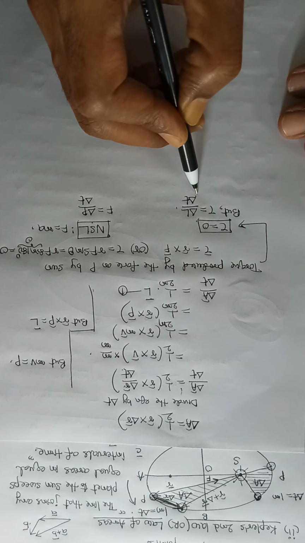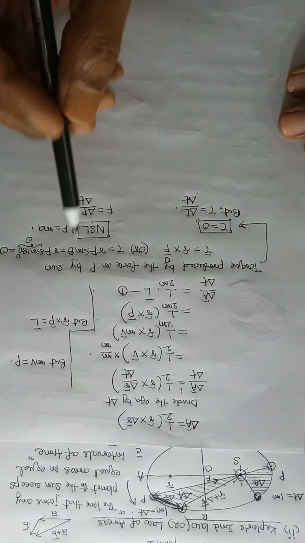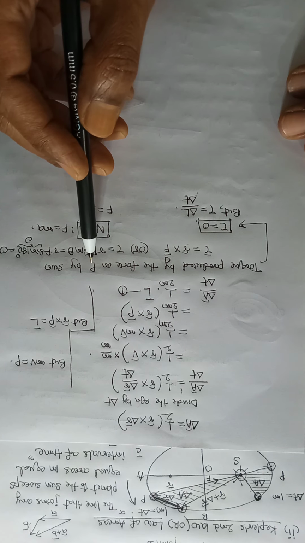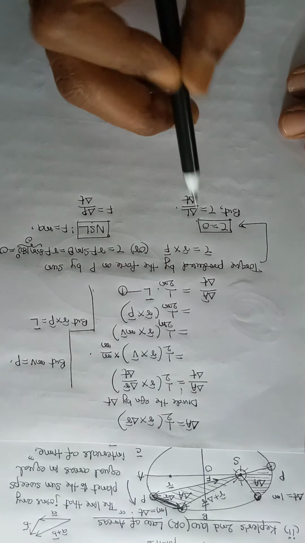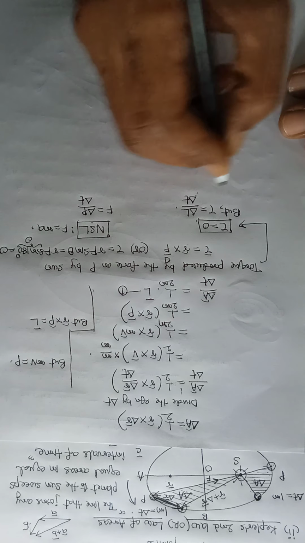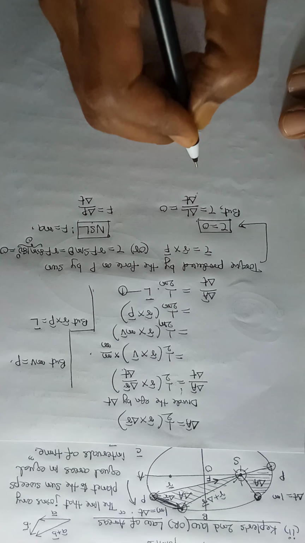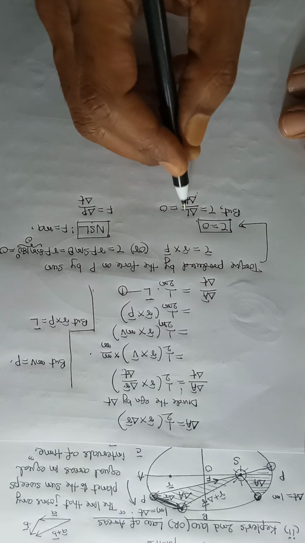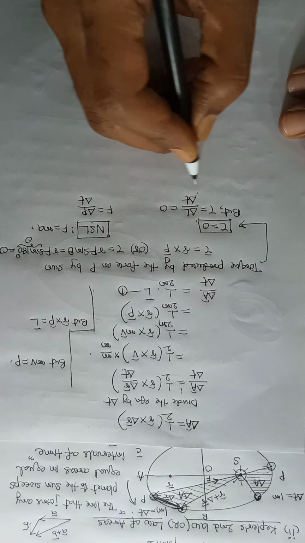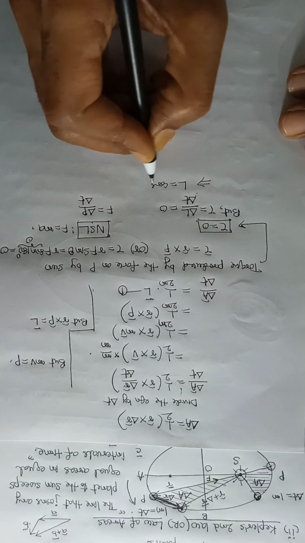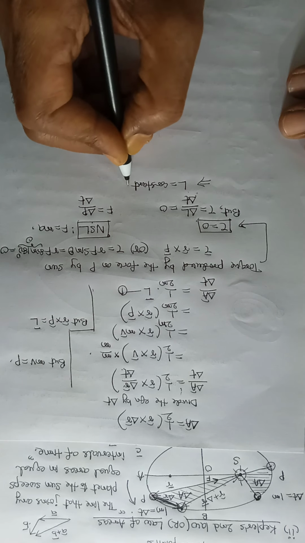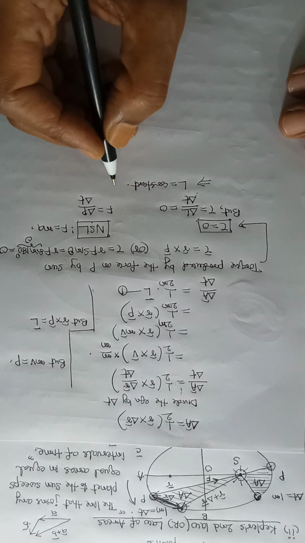But for the planet which is moving around the Sun, torque is 0. If delta L by delta T is 0, this implies L is equal to constant.